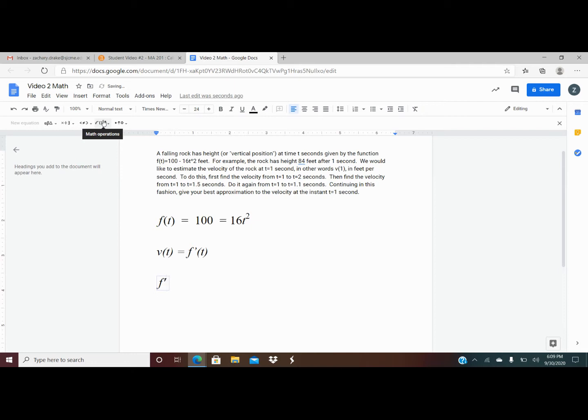The method is the following equation: f of t minus f of a, all over t minus a.